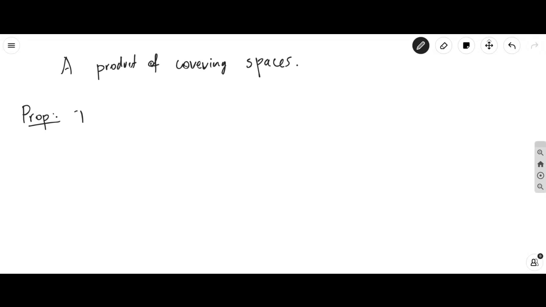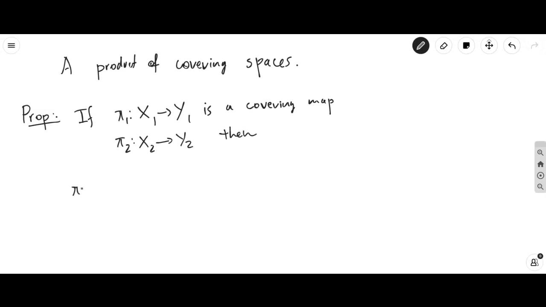It goes like this: let's say pi1 from X1 to Y1 is a covering map, and we have another covering map. Then if you take the product of the two maps, from the product space to the product space, it is also a covering map. So we have to define what we mean by the product of two maps.